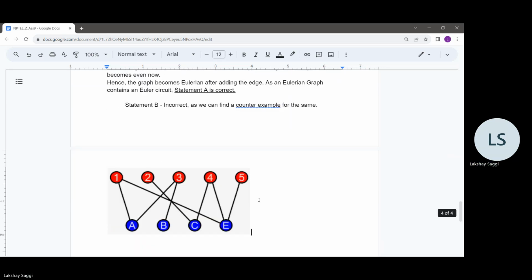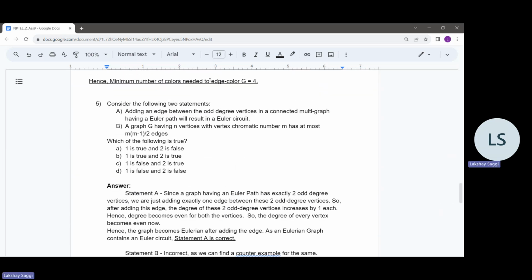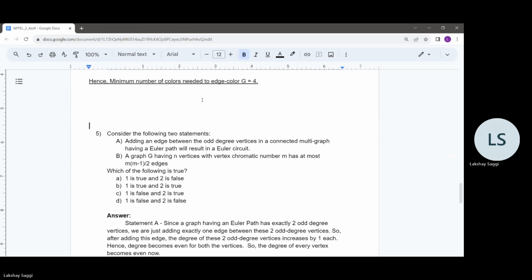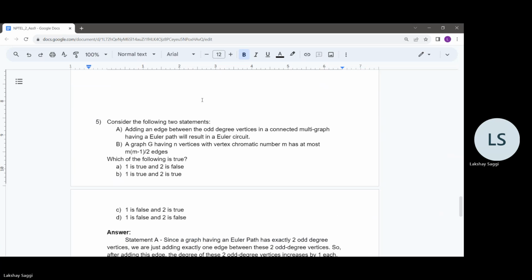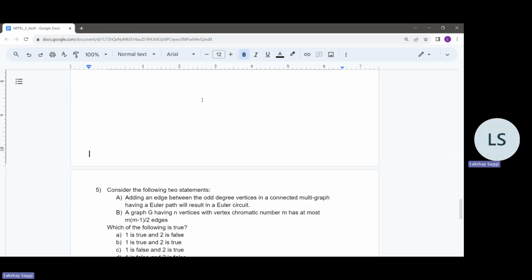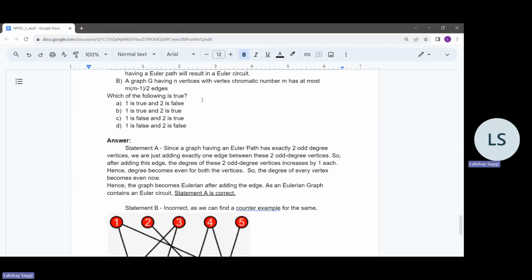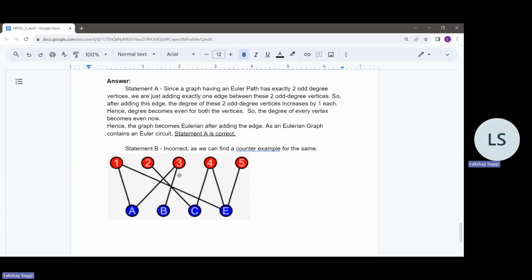Maybe I should put the poll question on next first. So let's just see this graph, this bipartite graph, and I'll label this as a counterexample of statement B. And why is this a counterexample?